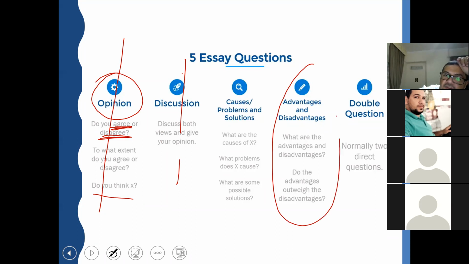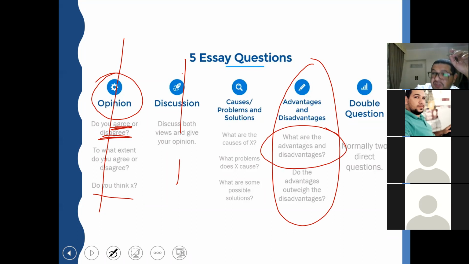Now we're going to move on to this one, advantages and disadvantages. Normally, there is one of these two questions. What are the advantages and disadvantages? Or do you think the advantages outweigh the disadvantages? Outweigh means we have more advantages than disadvantages or not. You have to mention your opinion, okay?